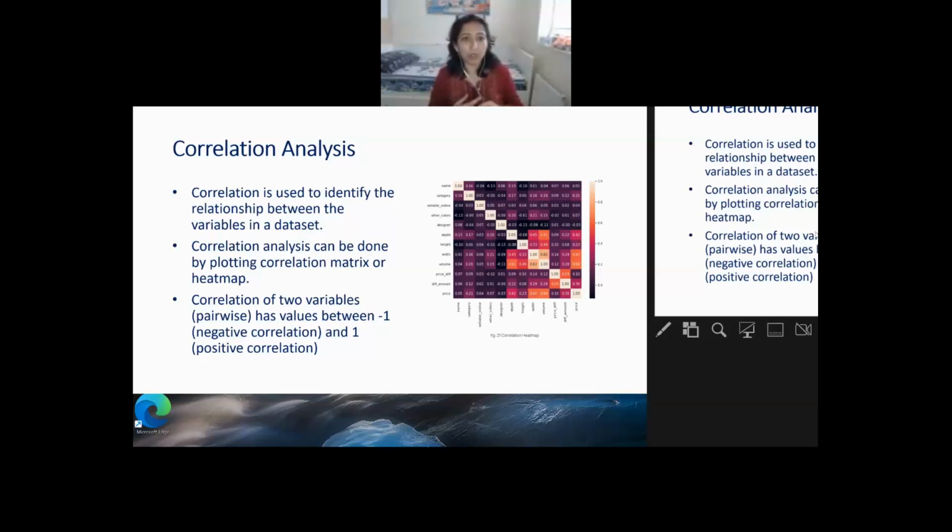But something very important is the correlation analysis. Before going for modeling, we try to establish the correlation between the features, the inter-feature correlation, and also the input to output correlation.